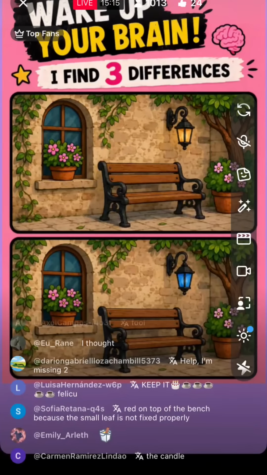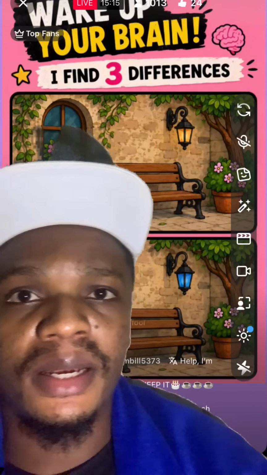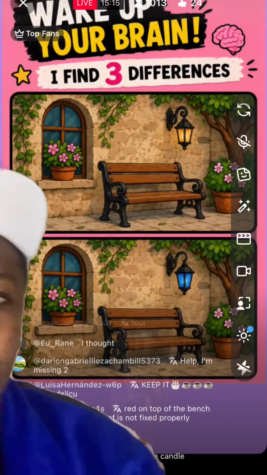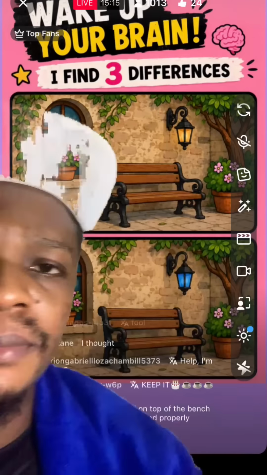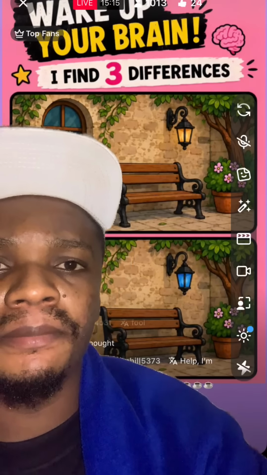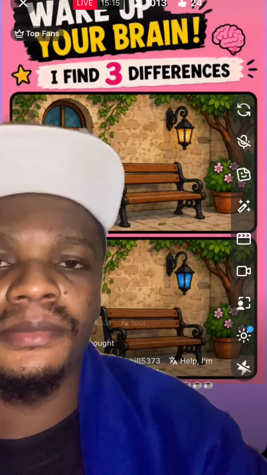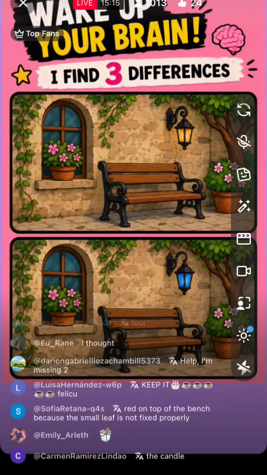Remember, we have just one task, and that is to spot three differences. Okay, so go ahead, guys, and participate. Spot three differences.